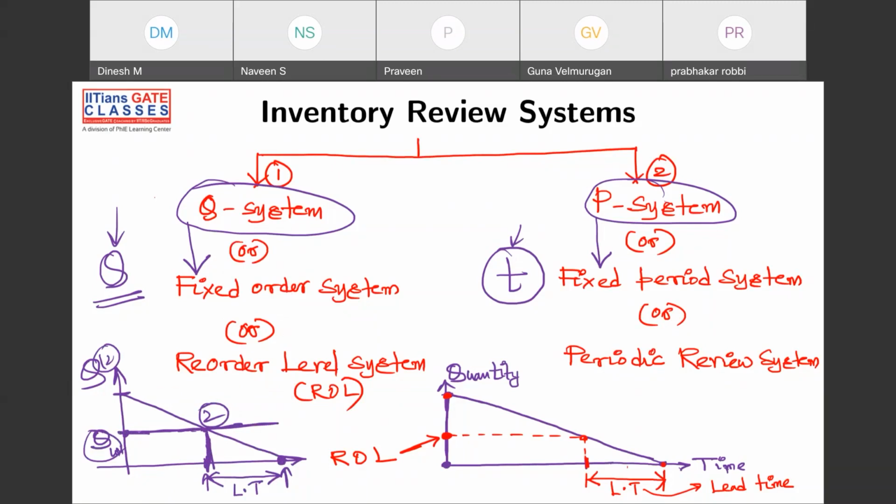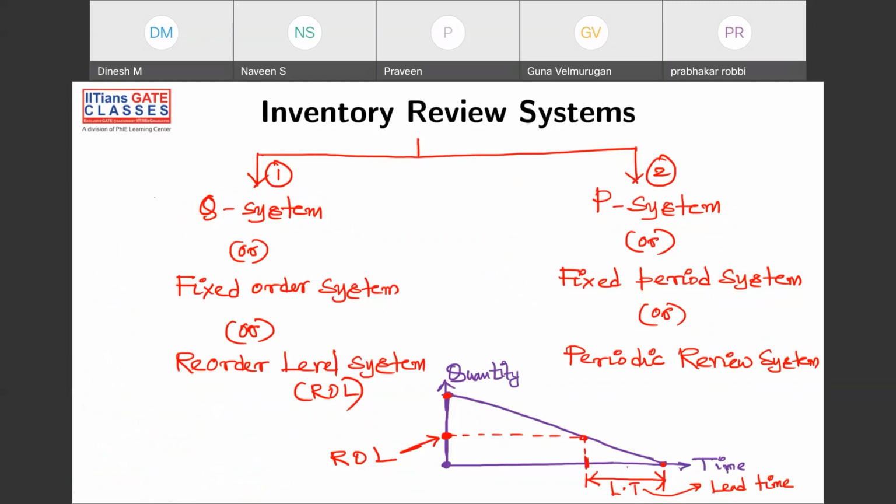This Q left is equal to 2. This 2 is known as reorder level. The quantity level at which you're ordering again is known as reorder level. Either you can look into quantity and order, or you can look at time and order.